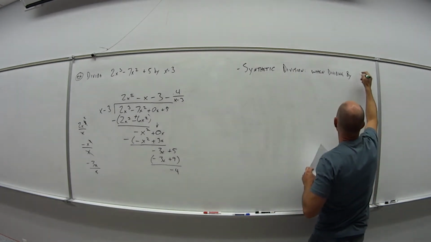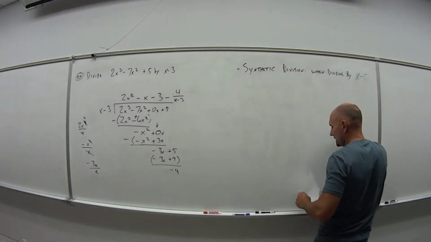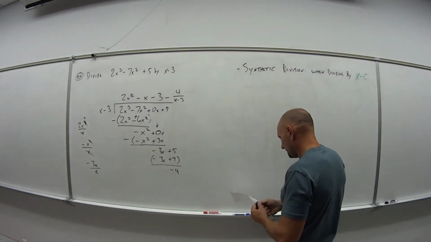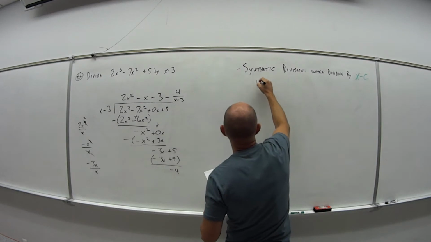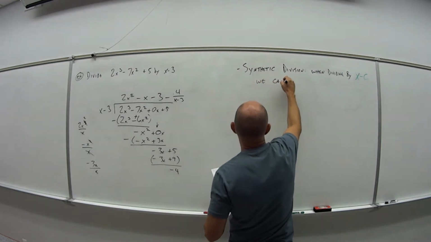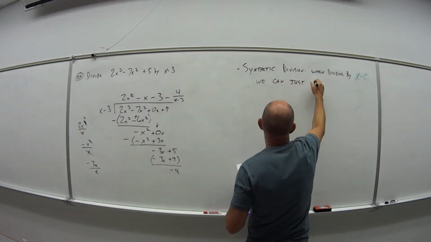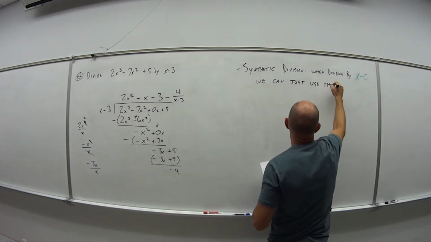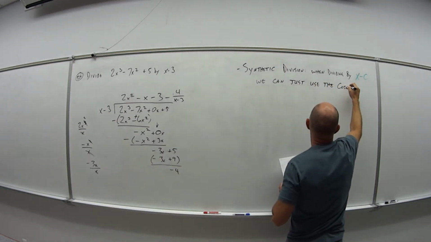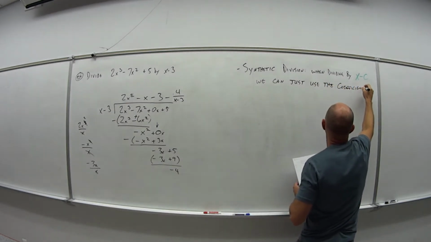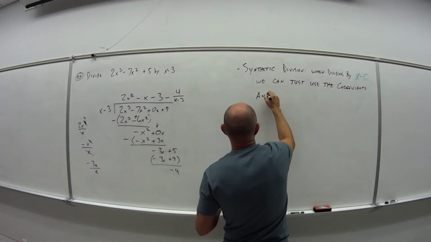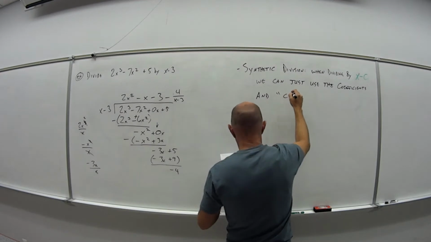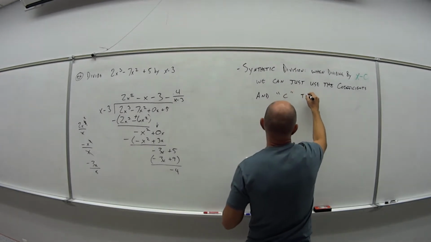So when dividing by x minus c, x minus some number, we can just use the coefficients and c to divide the polynomials.